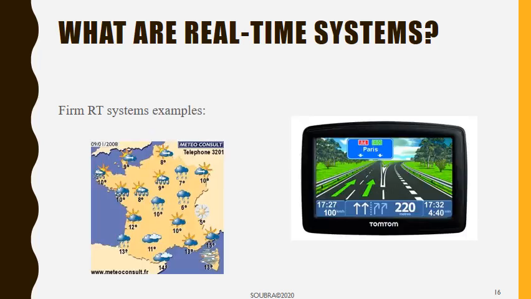And the examples that we imagined together during the lecture of such firm real-time systems are the GPS system that you could have in your car. Basically, if you're going somewhere and the GPS lady tells you that you should have taken the exit 200 meters before, the information that the GPS is telling you is not useful anymore.